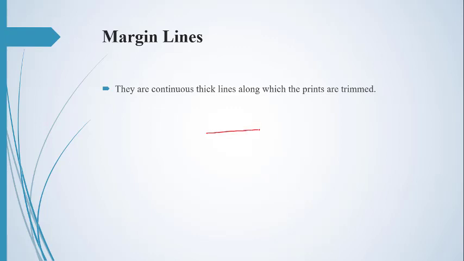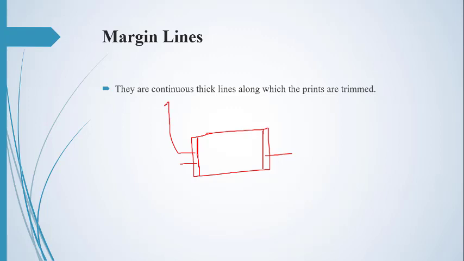So the lines are drawn across the sheets to which the printing area may be included. For example, here I want to exclude this side and this side, both sides. For this purpose, I will draw the lines which are known as margin lines. Margin line 1 and margin line 2.